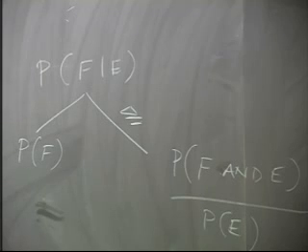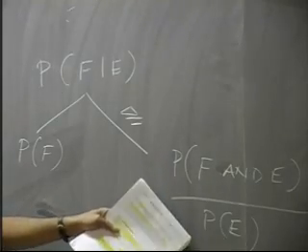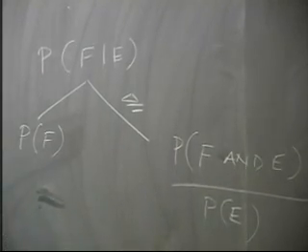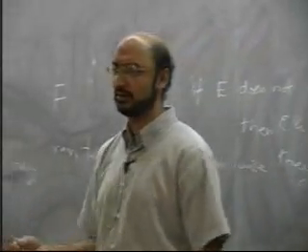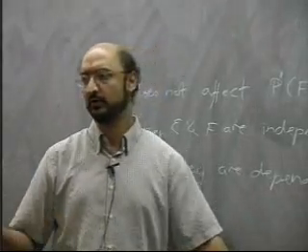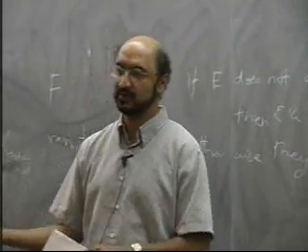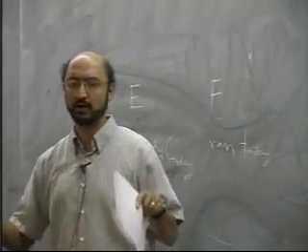And what we're saying here, intuitively, is like this. We have the universe of all possibilities open to us. Now, we know that E has happened. So what I'm going to do is remove all those events that are inconsistent with E happening. For example, before I knew that it was sunny outside, the universe of all possible events included sunny outside, cloudy outside, hailstorm, snowstorm outside. All of these events are possible.